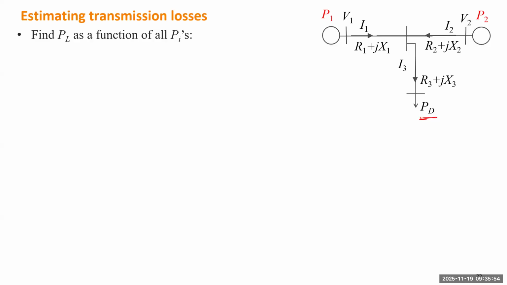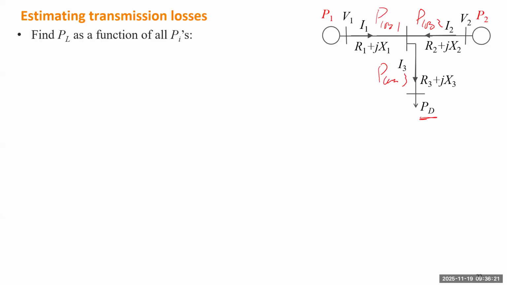To calculate the transmission loss for the entire system, we need to calculate the loss for each individual branch: branches 1, 2, and 3. We need to know the loss here, loss here, and the loss there. Then we add those together.